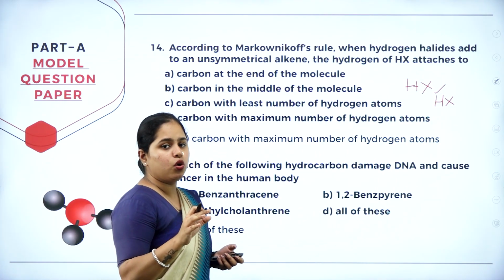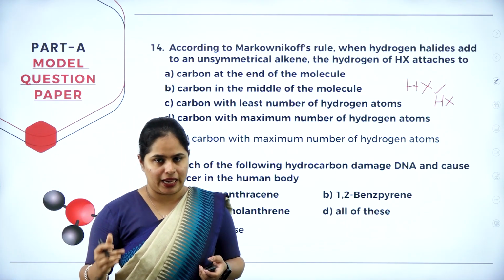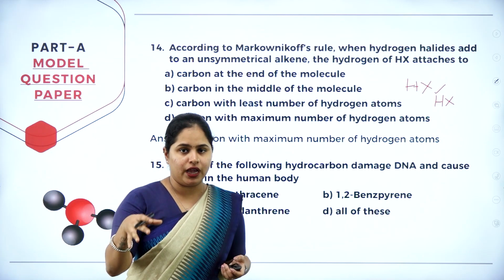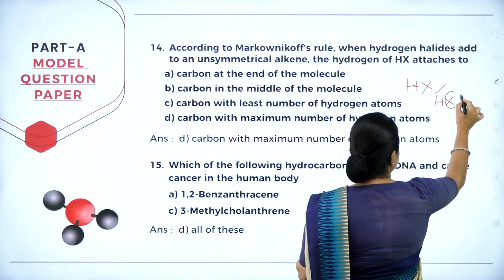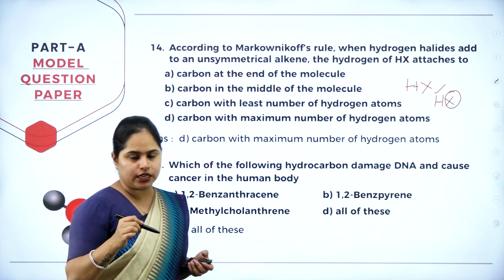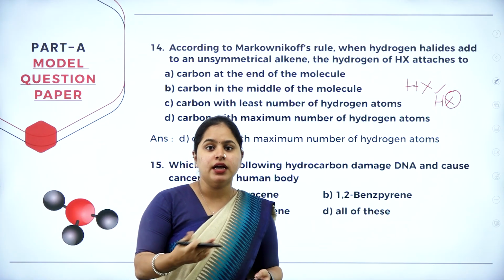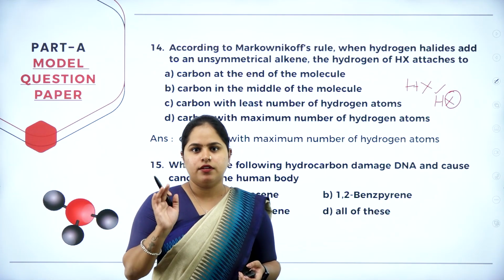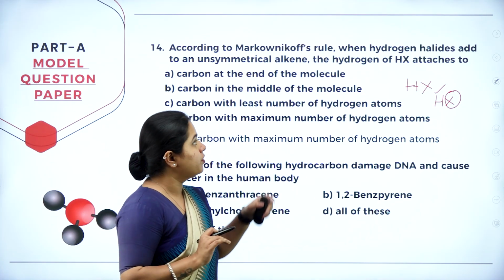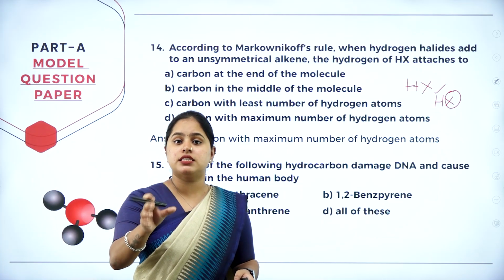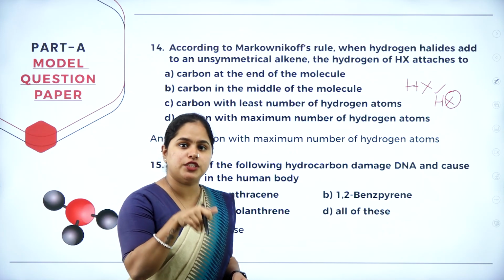According to Markovnikov rule, we have studied that when a hydrogen halide is added to an alkene, the negative part of the addendum, that is, the negative part of HX, which is the halogen, will attach to the carbon atom having the lesser number of hydrogen atoms. This we have already studied according to Markovnikov rule. But the question asks you, in HX, where will the H attach? In HX, the hydrogen will attach to which carbon atom?